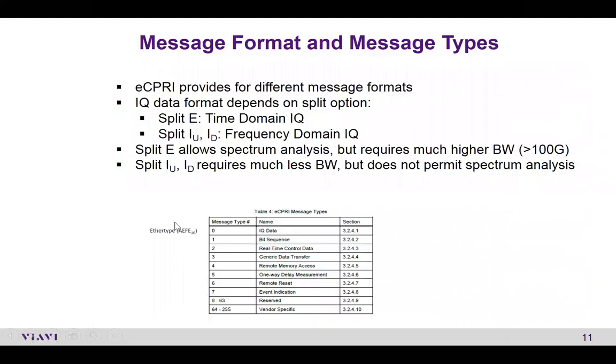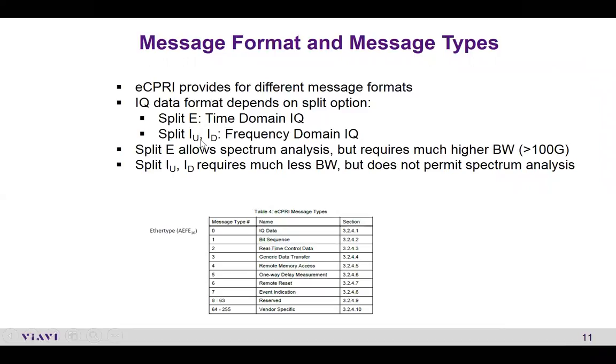So you can have ESA message types, for example, IQ data, bit sequence, and real-time control data. So if you are at split option E, which, if you remember before, was actually CPRI, then you are carrying a time domain IQ. But this is not what is in eCPRI.